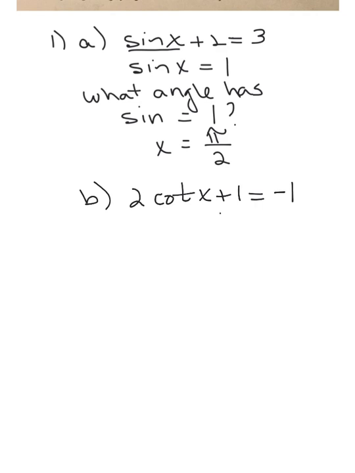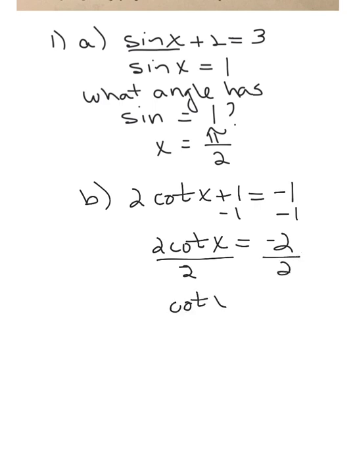So the first thing we're going to do is subtract 1 on both sides and get 2 times the cotangent of x equals negative 2. We still don't have the function by itself. It's still times a 2. So we're going to divide both sides by 2. So now we have the cotangent of x equals negative 1.